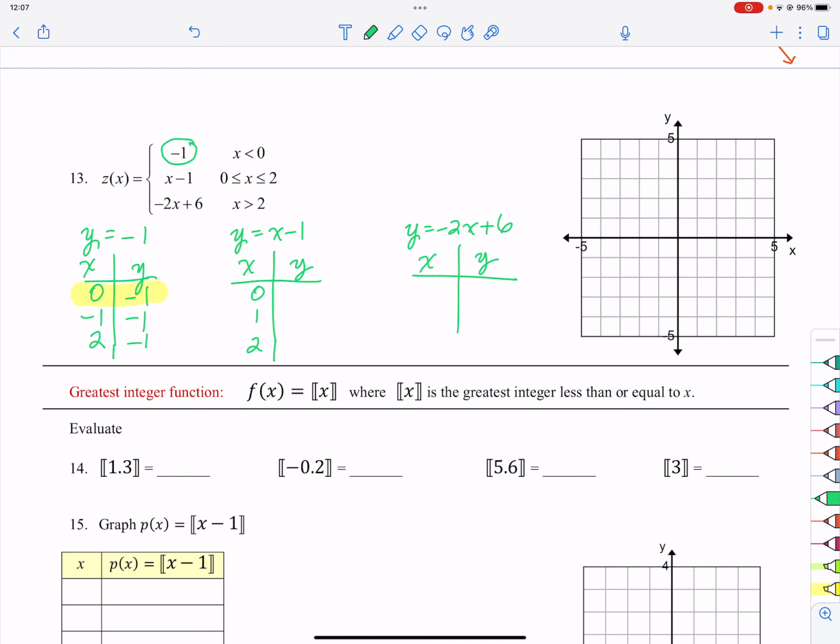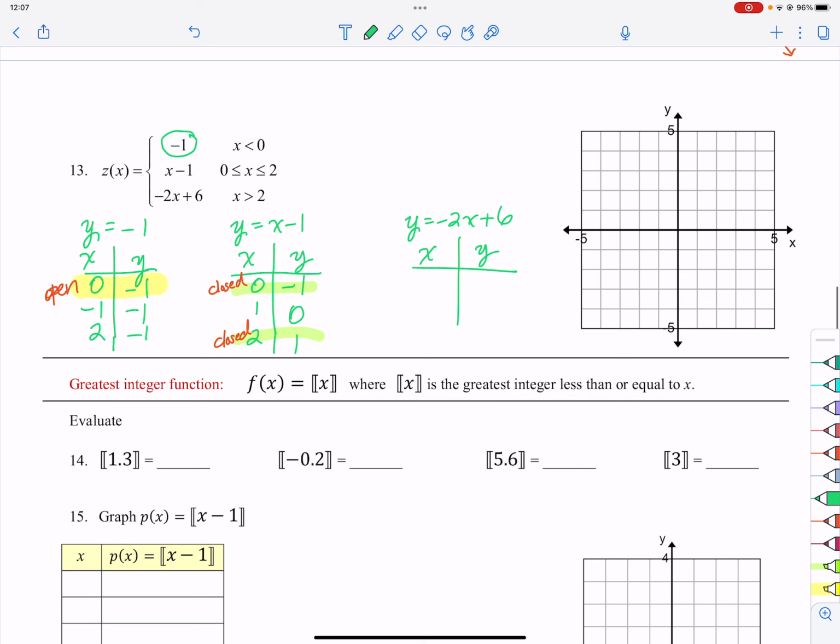Since these are going to be closed at both of these places. Okay, and plugging those values in, we have -1, 0, and 1.